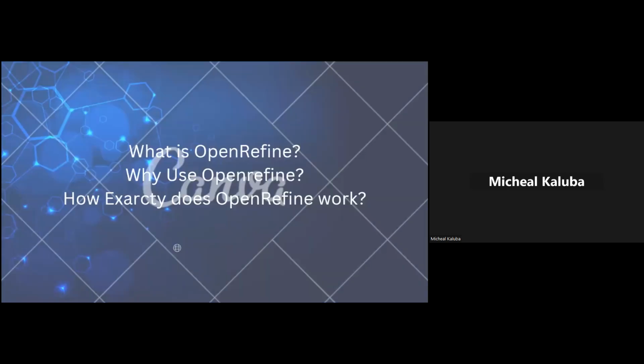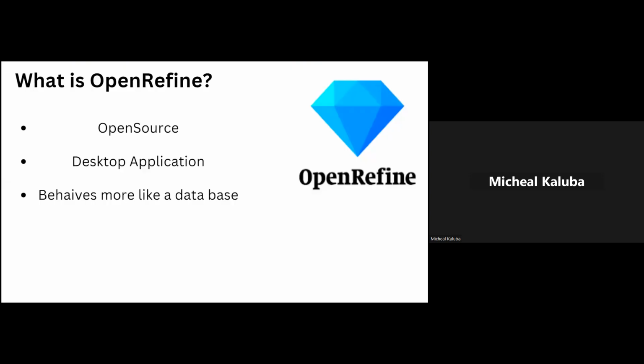In this session, we are going to talk about what Open Refine is, why use Open Refine, and exactly how Open Refine works. Open Refine is an open source application which is desktop based, and open source, I mean it is free, you don't need to pay for it.